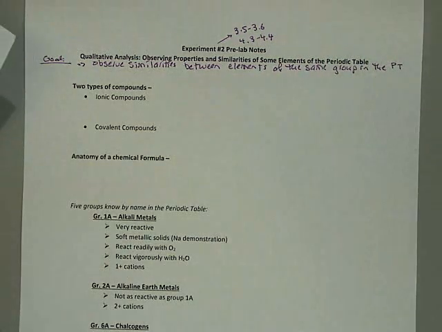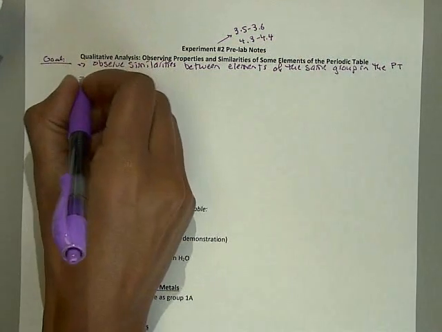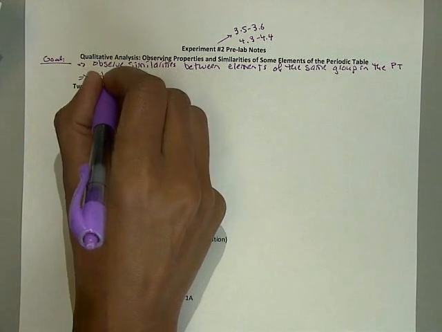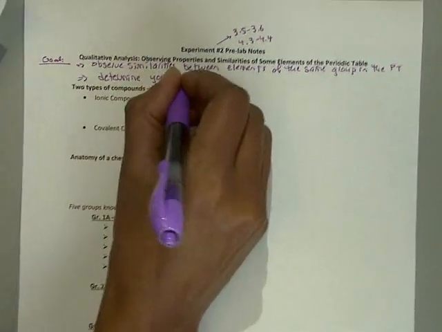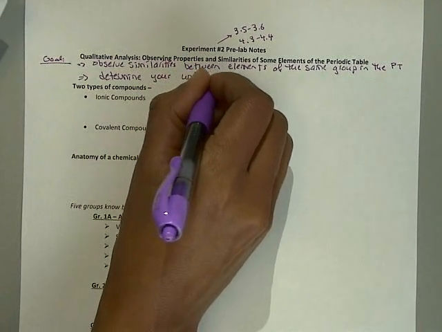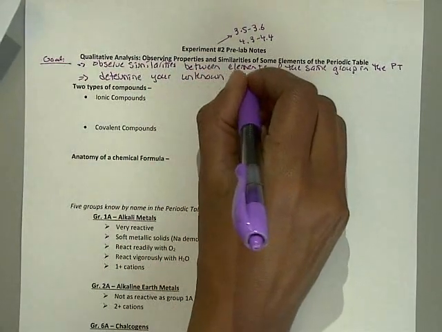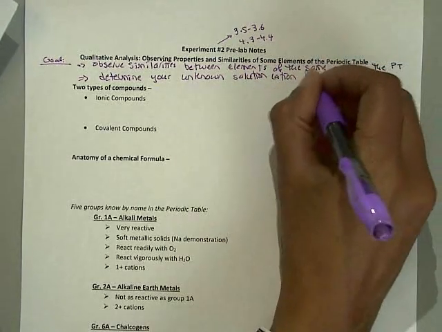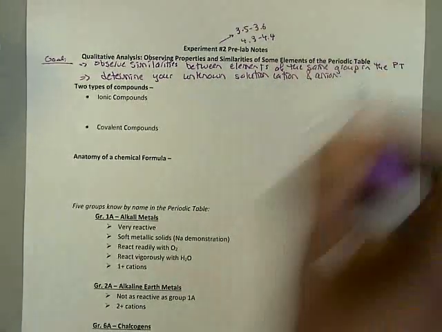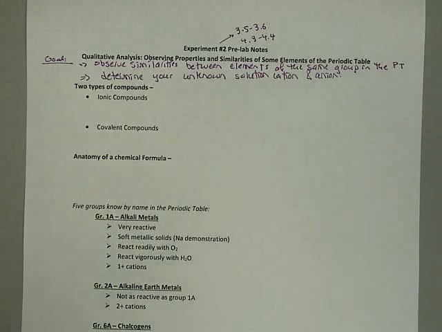I'll abbreviate that as PT. Another goal of this experiment is to determine your unknown solution's cation and anion. This will all make sense at the end of this pre-lab lecture video.